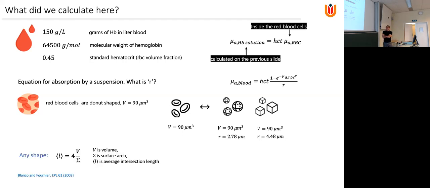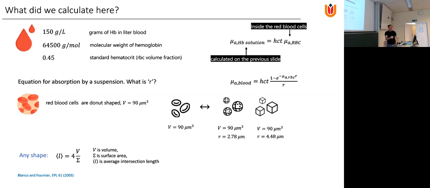There's this funny relation. So what we actually did is we treated the red blood cell, or any particle, as a kind of mini cuvette. So we calculated how much light we put in the particle, how much light we get out of the particle. And now it turns out that's a really funny result from theory: the average intersection length of any shape.